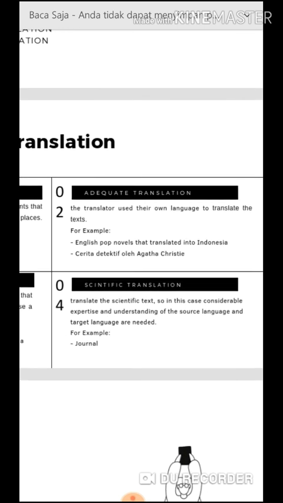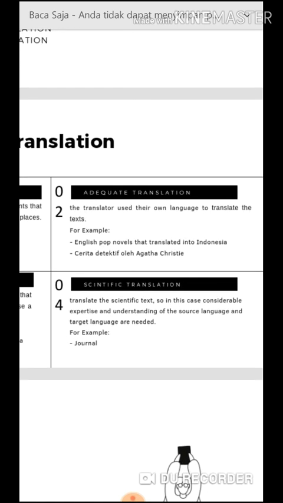Number 4, scientific translation. It translates scientific text. So in this case, considerable expertise and understanding of the source language and target language are needed, for example, journals. Scientific translation is the translation of scientific text.